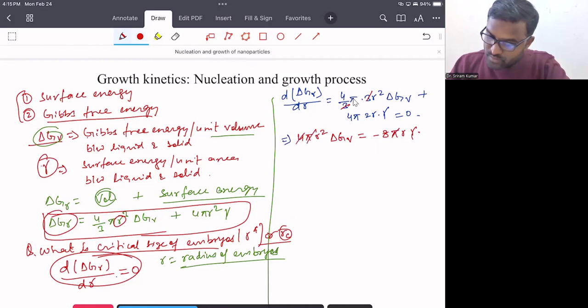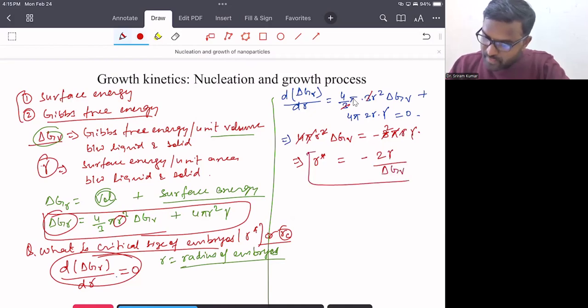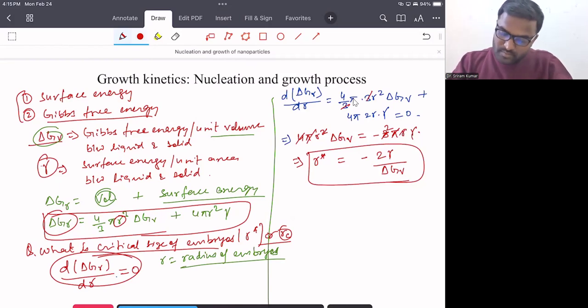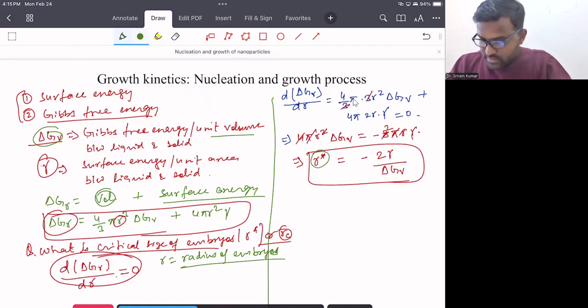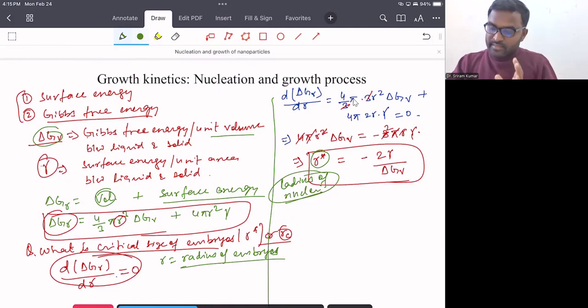So this r is cancelled out, and here this R, the critical R, is equal to minus 2γ upon ΔGv. So this is the critical size, the radius of the nuclei.